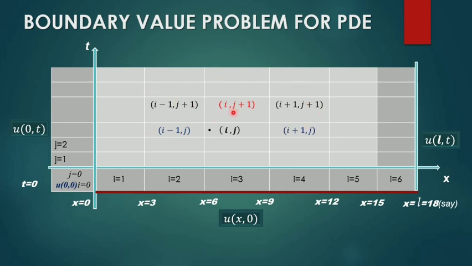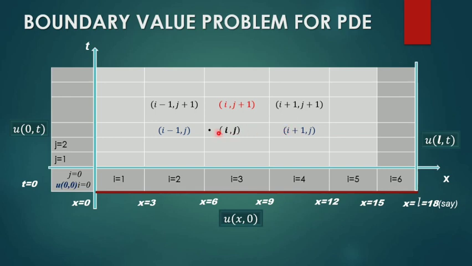So at internal points, suppose you are taking some mesh point, we call this a mesh point. At some internal point, we take one cell as i comma j, that is, along the horizontal direction it is i and in the vertical direction it is j. Then when you move rightward, only i changes, from i to i plus 1.